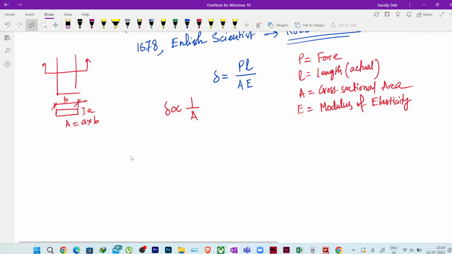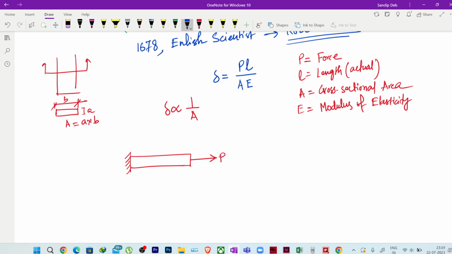That means, if this is fixed, this is my bar, and I have applied some load P, then with increase in length, we can see this cross-sectional area also reducing.